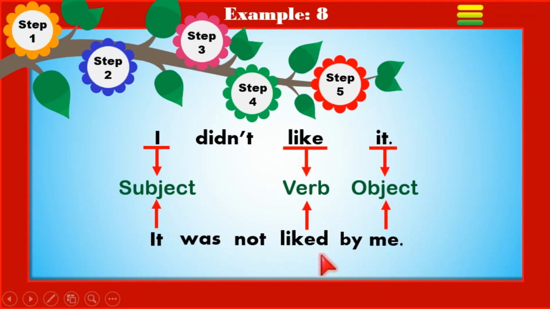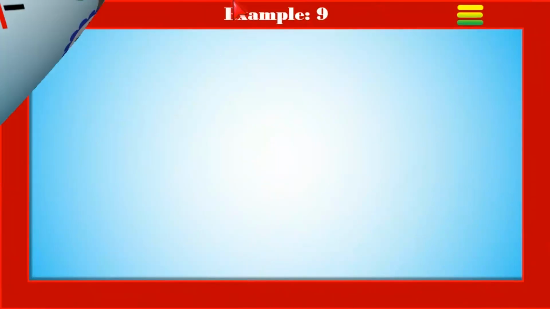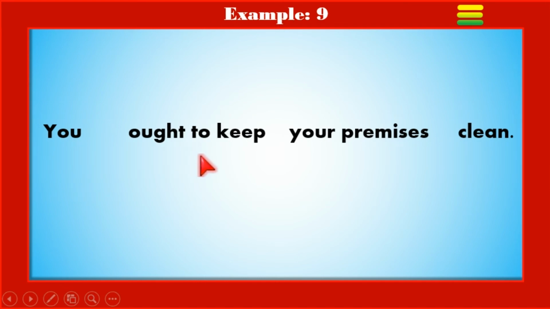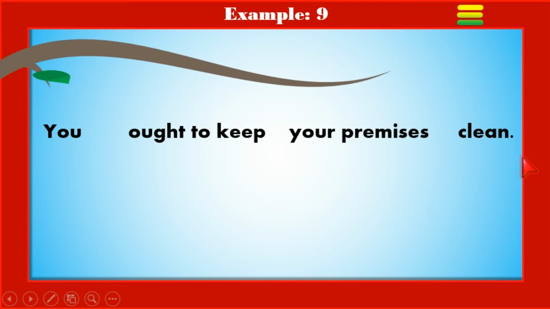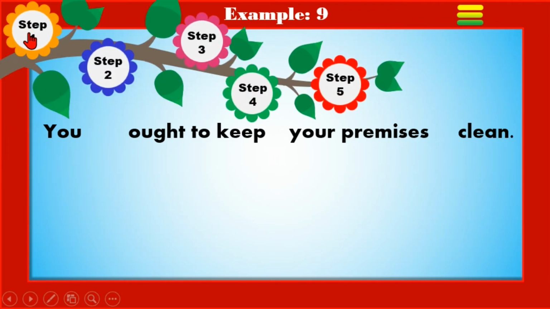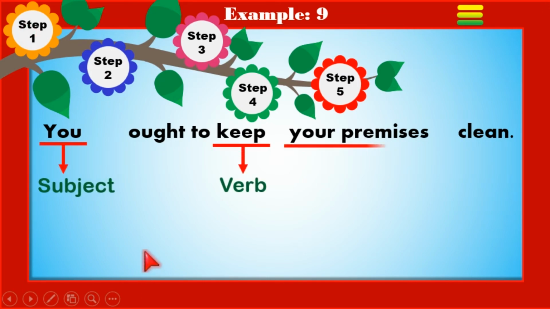It was not liked by me. Another example. Example number 9. You ought to keep your premises clean. Here step 1. Use subject, keep verb, your premises object.